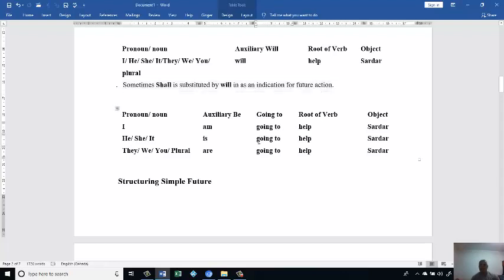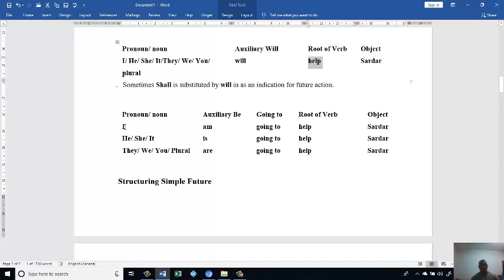We have two kinds of future, we said. One of them is will plus the root of the verb. You have to remember here, no ed, no es or s or ing, just the root of the verb. The second kind of future we say is with commitment or with a plan.